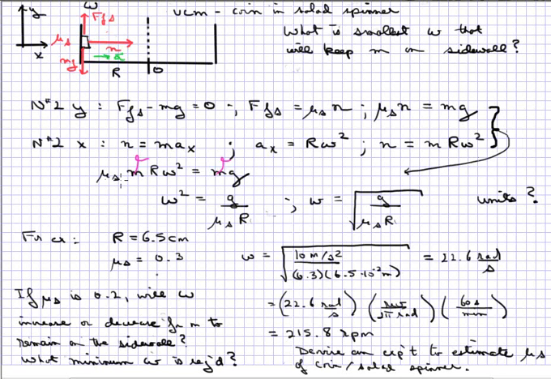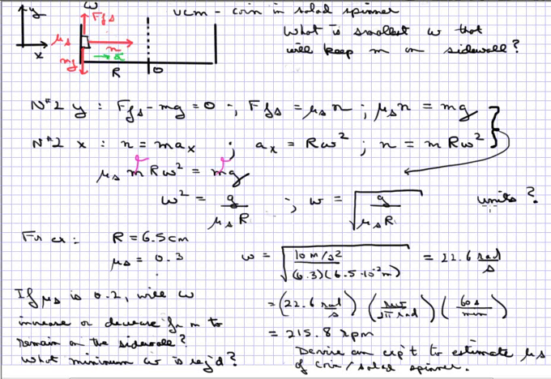So mu sub s times N, but N is m r omega squared, is equal to m times g. Okay, so you can see that the masses cancel on both sides, and I can solve for omega squared. Omega squared is g over mu sub s times r, and then omega is the square root of that.